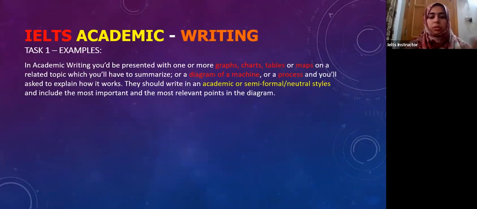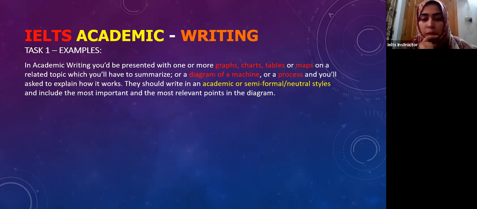Now, we should start with task 1. As I said, in task 1, you can be provided with a graph or a chart, some kind of diagrams or maps or tables, and you have to summarize the information given to you in pictorial form.